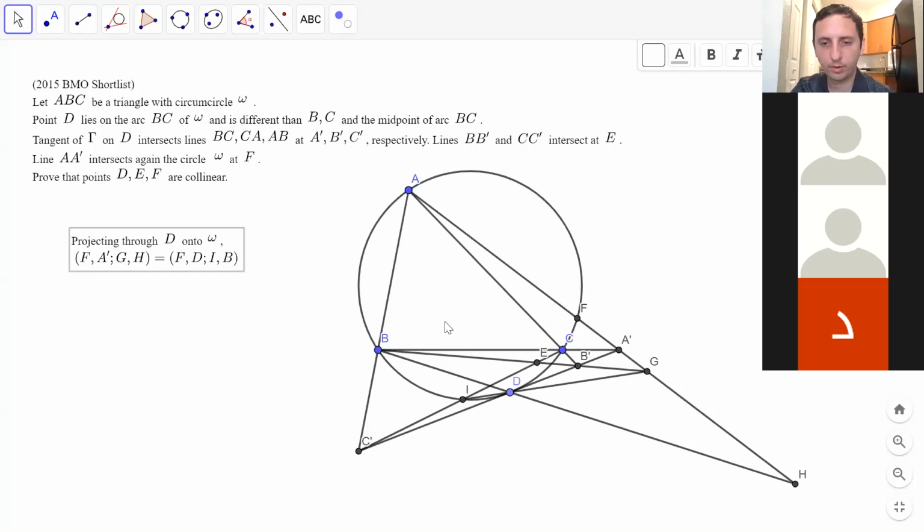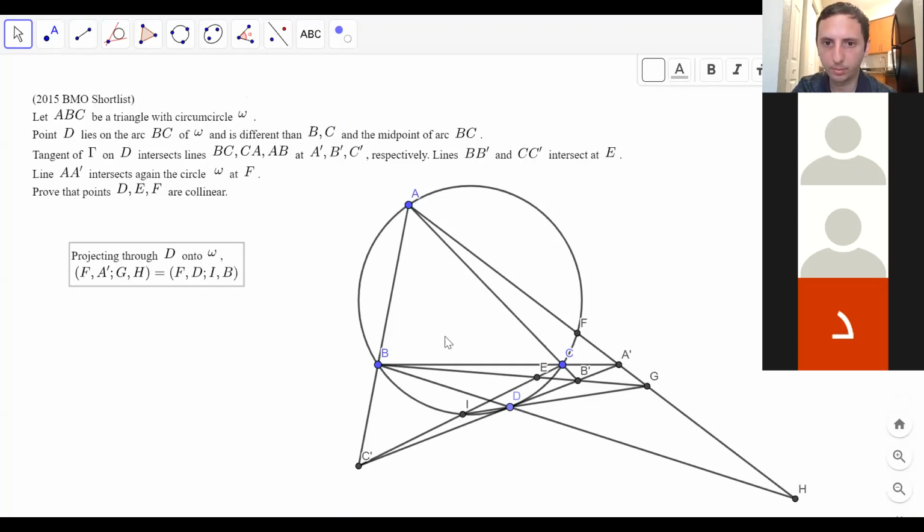You know what? What if I... taking B to the midpoint of arc BC? You mean like a projective transformation? Yeah, I think that should work.